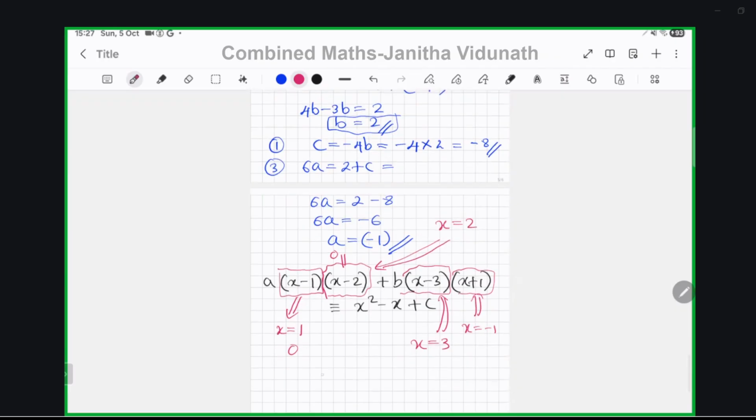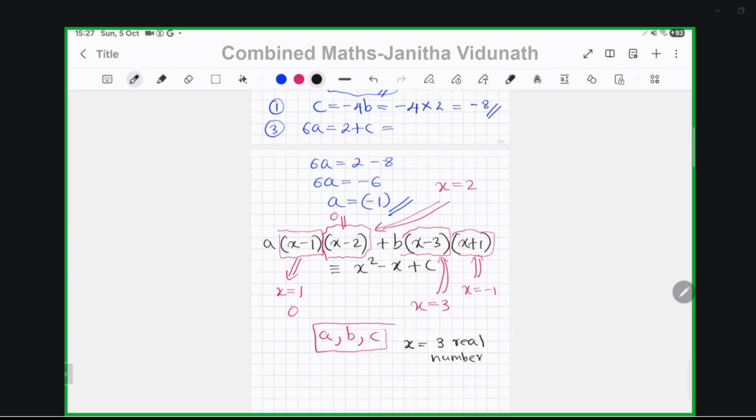Here, we only need to find 3 values. That means we only need to substitute for x only 3 real numbers. That means we can choose numbers from either x equal 1, or x equal 2, or x equal 3, or x equal minus 1.